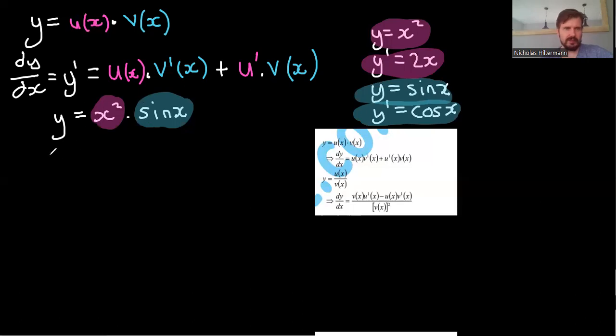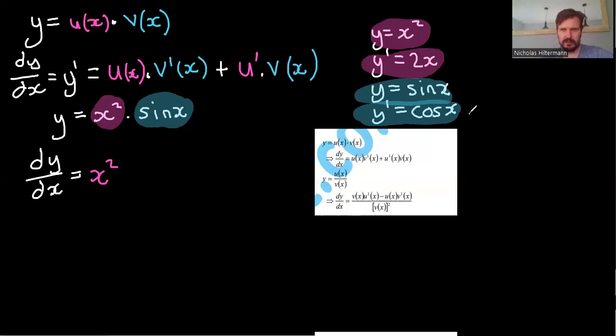So now if they want dy over dx, or y dash, same thing, we can say dy over dx is equal to, and then it's the pink thing, which is our x squared. So we just put in our x squared. Then it's the derivative of the blue thing, right? Because it's v dash.